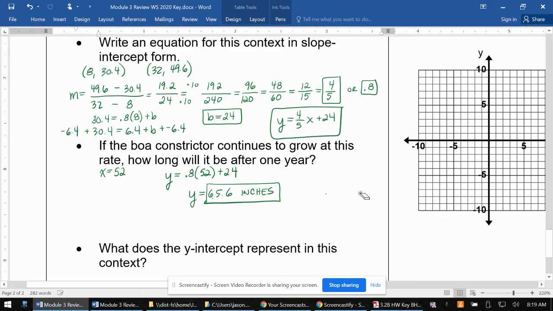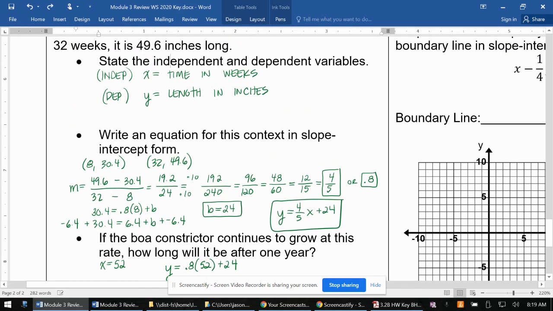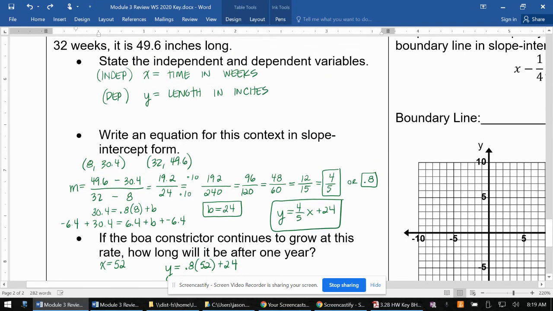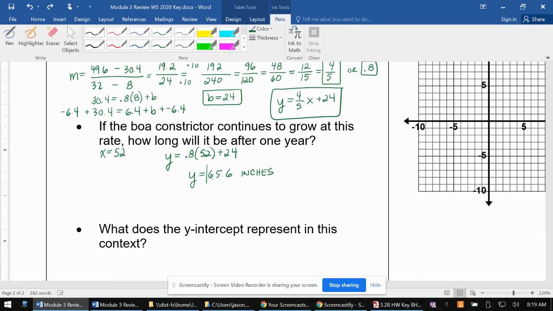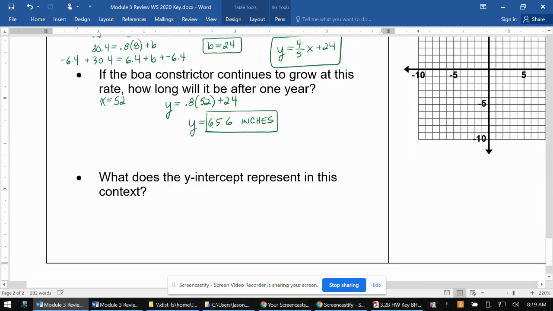And then the last question, as I clean this up, I'll fix that later. You got the idea. Is what does the y-intercept represent? Well, the y-intercept was 24, and 24 represented at week 0 the length of the boa constrictor.